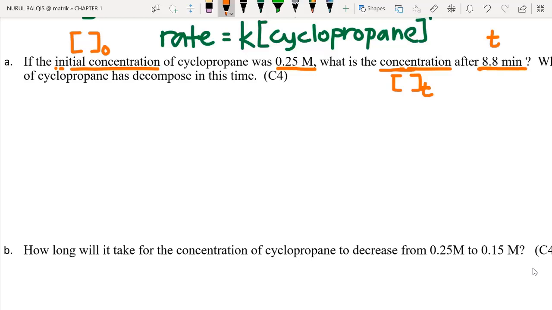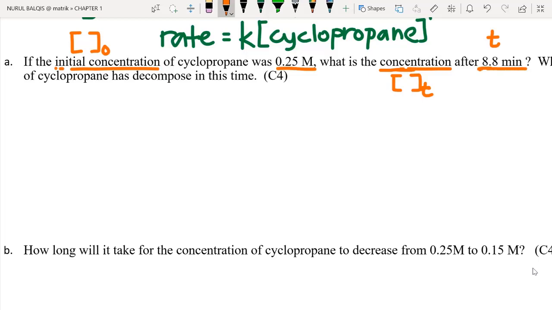Alright, so now we need to look at which formula we're going to use to find this information. Can we use rate of reactions? No, since we have 2 types of concentrations, it is impossible for us to use rate of reactions. Can we use rate law?